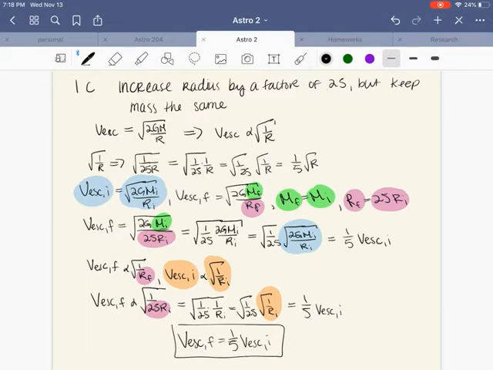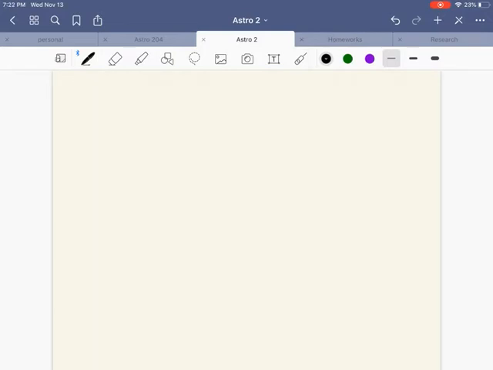Okay, the last one I'm going to do is problem 2, which says the escape velocity from the surface of Jupiter is 60,000 meters per second. So v escape for Jupiter is 60,000 meters per second.